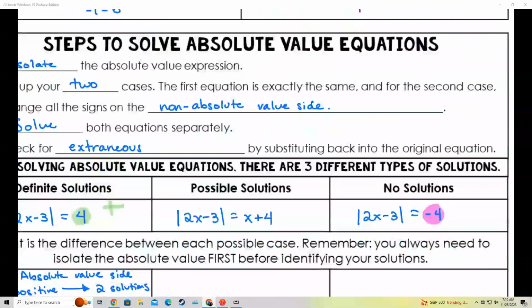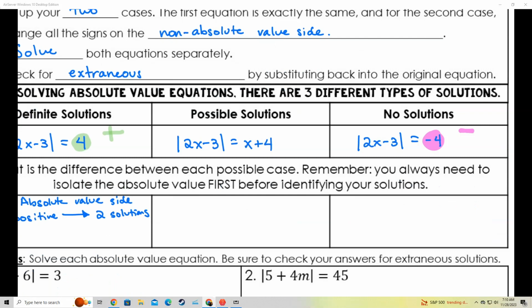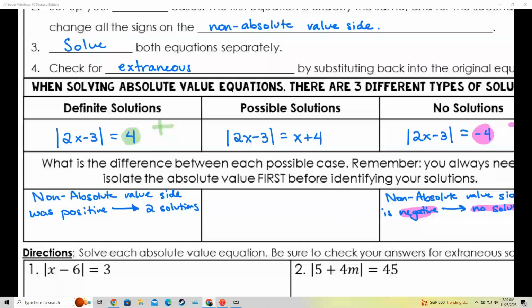So because this absolute value has a negative as an answer, then I'm going to say when you have the non-absolute value side negative, then in that case, we are going to end up with no solution. In fact, let me highlight those. When this is negative, you're going to end up with no solution. When this is positive, you're going to end up with two solutions.